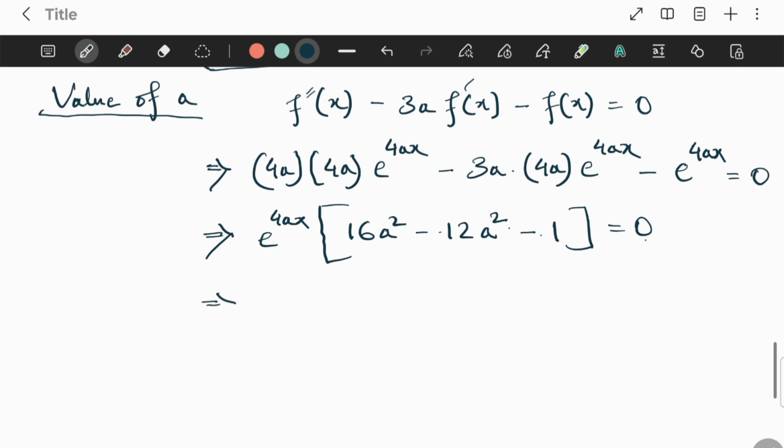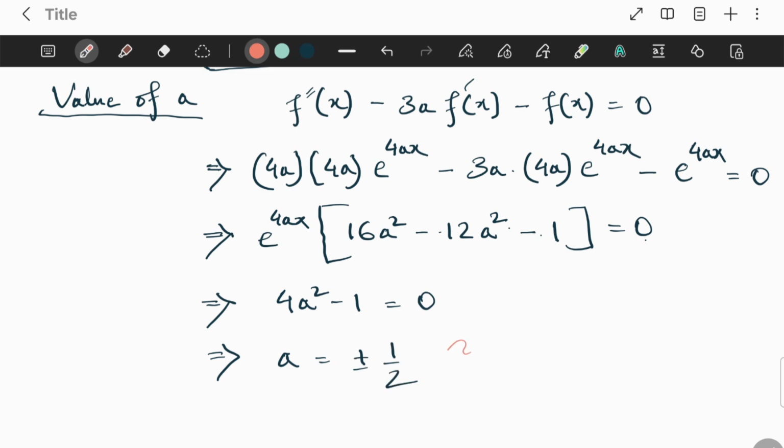Now, e to the power 4ax cannot be 0, correct? So definitely within the bracket we have 4a square minus 1 equals 0. Now this gives us a equals plus minus half.